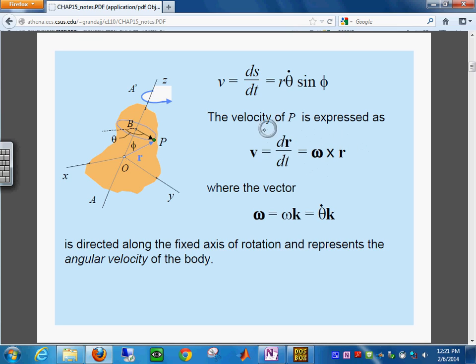But in this case, that term is not there because r does not change in length, but rather changes because of the rotation and produces the velocity, which is omega cross r. You could represent it also as theta dot times k direction. That's another way of representing the omega vector.